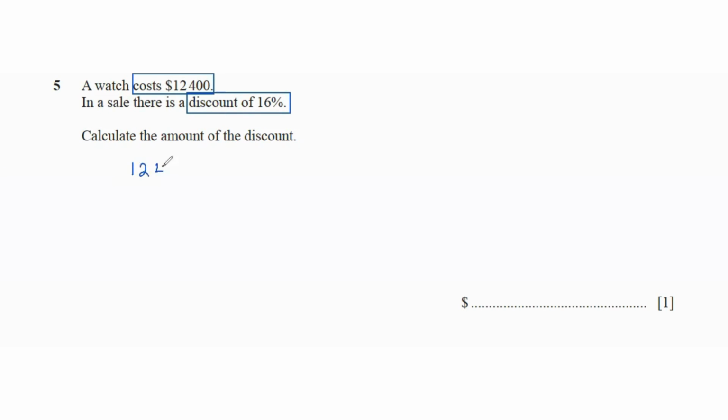So 12,400 times 16 over 100. The zeros get cancelled out and we're left with 124 times 16, which equals $1,984. So this is the amount of discount that the person gets on this watch.